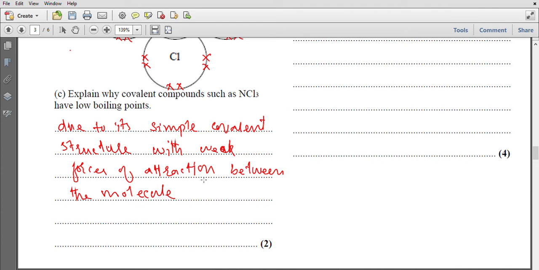That is why the melting and even the boiling points of covalent molecules are lower.